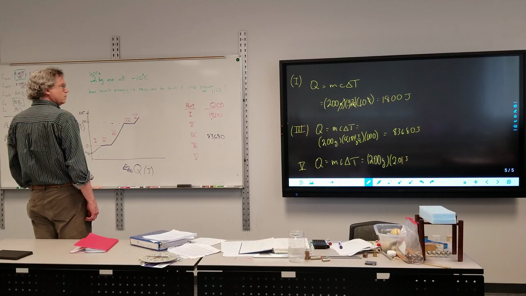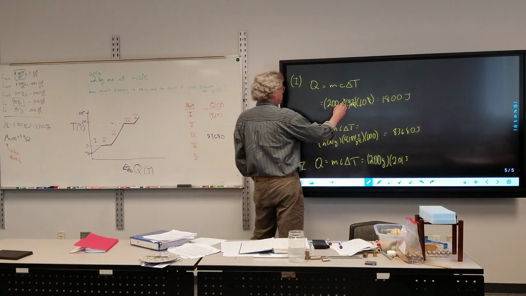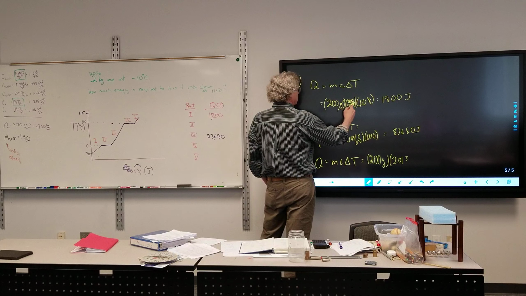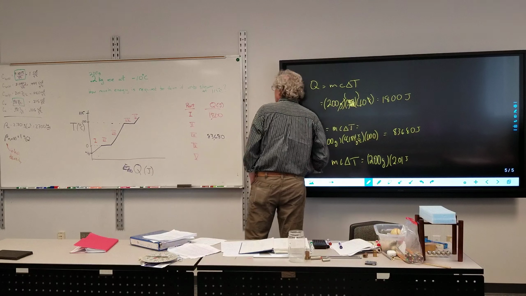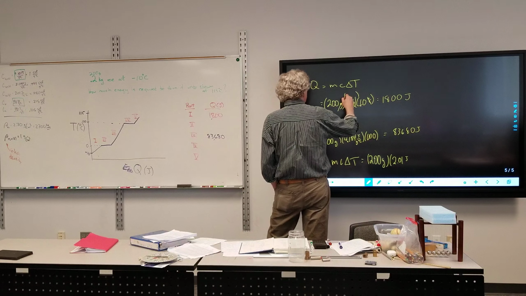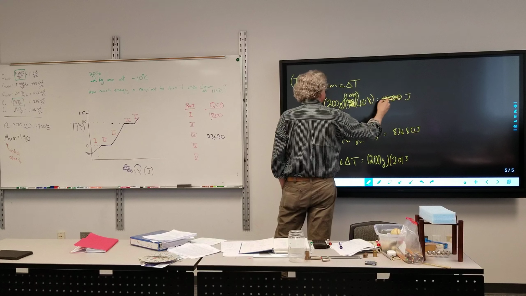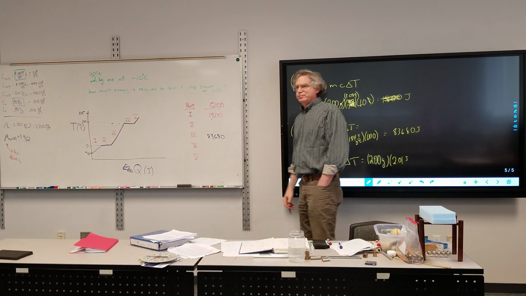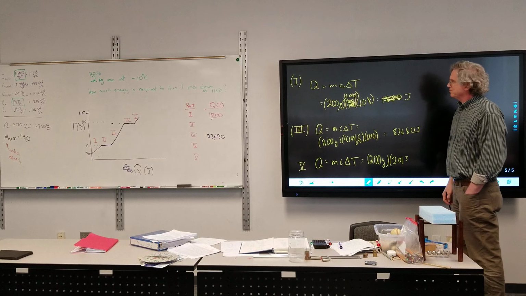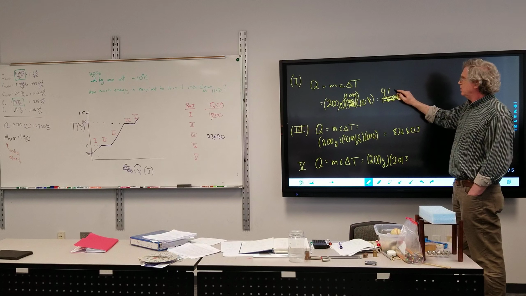Oh, there's a mistake. Do we use the wrong number? It's not 0.9, that's aluminum. For ice, it is 2.089. So 4,178 joules.